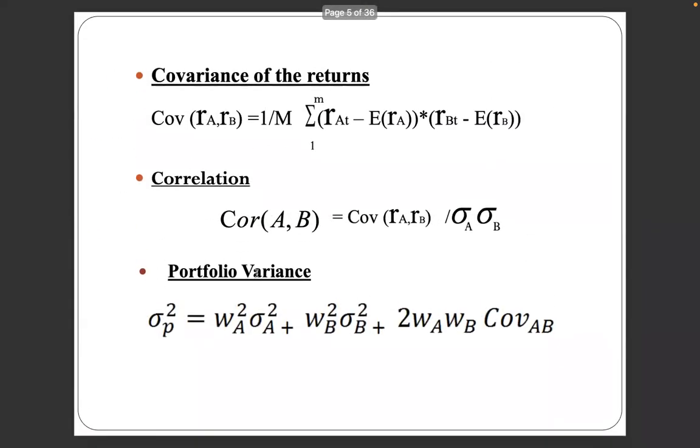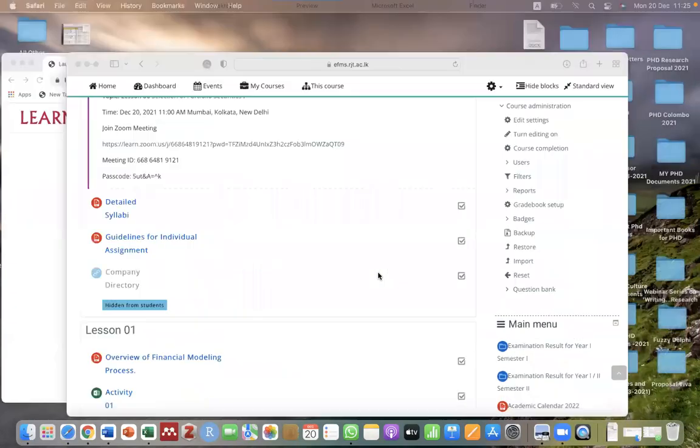If you see this calculation, correlation is calculated by covariance of return of A and return of B divided by, what does this sigma sign represent? Sigma A in the sense, what is it? Standard deviation. Yes, very good. It is the standard deviation of A multiplied by the standard deviation of B. Therefore, the correlation is calculated based on the covariance.